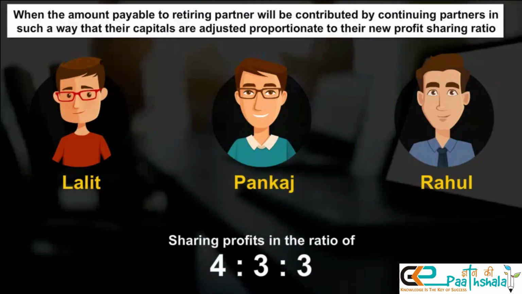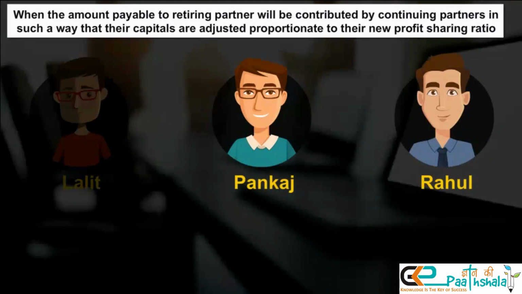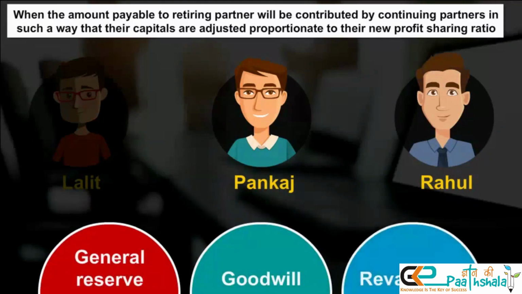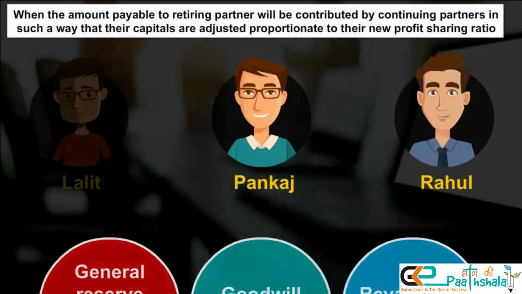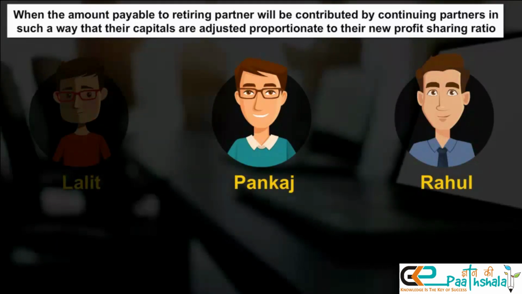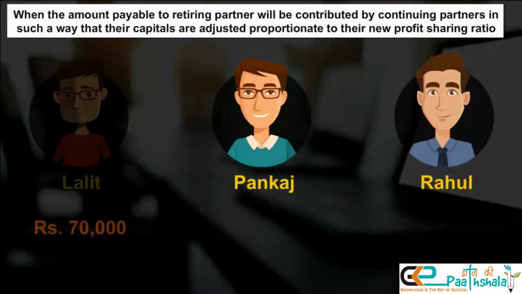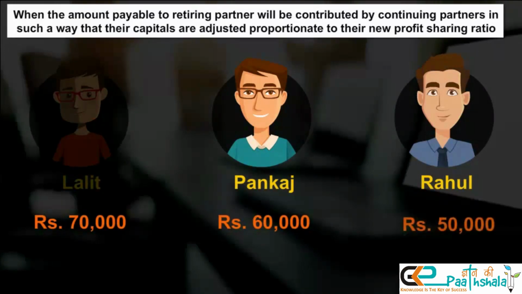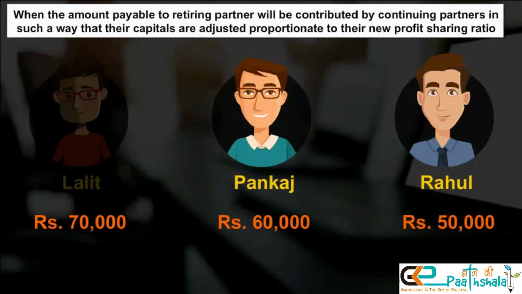After all adjustments on Lalit's retirement with respect to general reserve, goodwill and revaluation etc., the balances in their capital accounts stood at rupees 70,000, rupees 60,000 and rupees 50,000 respectively.